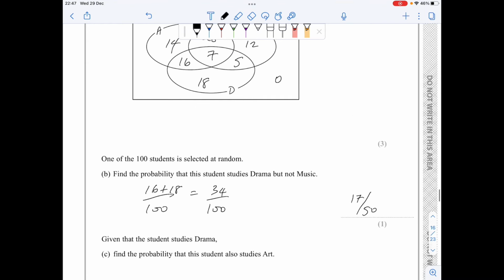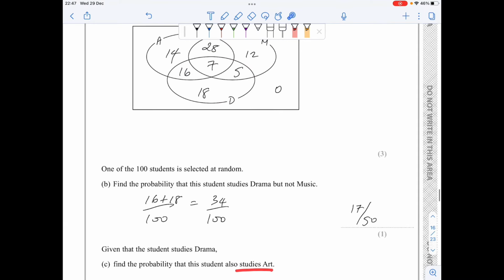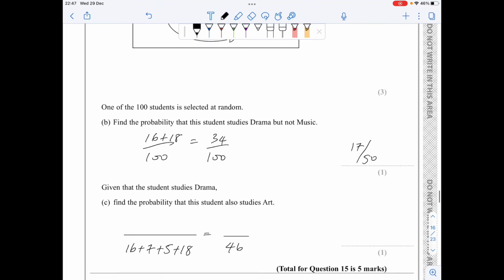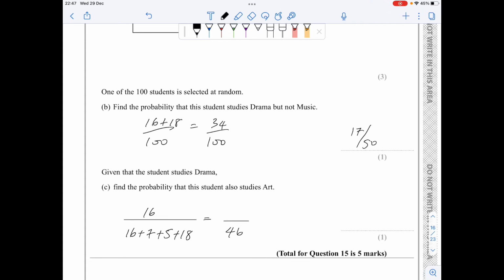So out of those 46 students, how many students also study art? And the answer is the 16 and the 7, and that is my numerator. So 16 plus 7 in the numerator gives me 23, and you can simplify this one as 1 over 2.